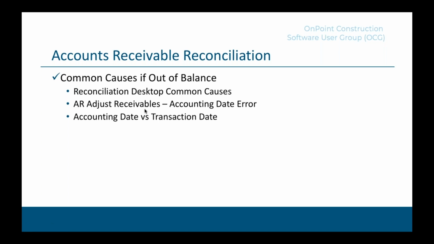Then AR adjust receivables, the accounting date error, because when you void an invoice that asks for an accounting date, it's the very first one that you put in when you go into adjust receivables.